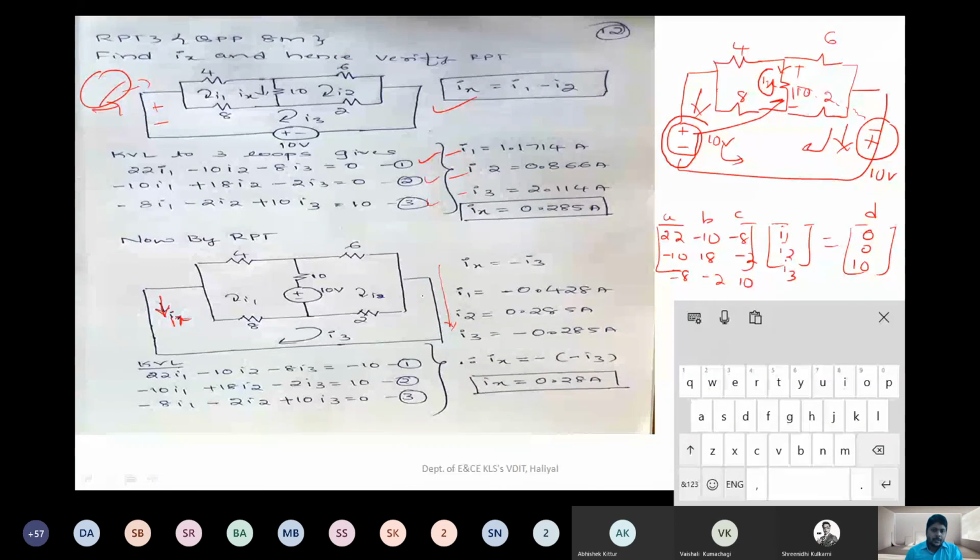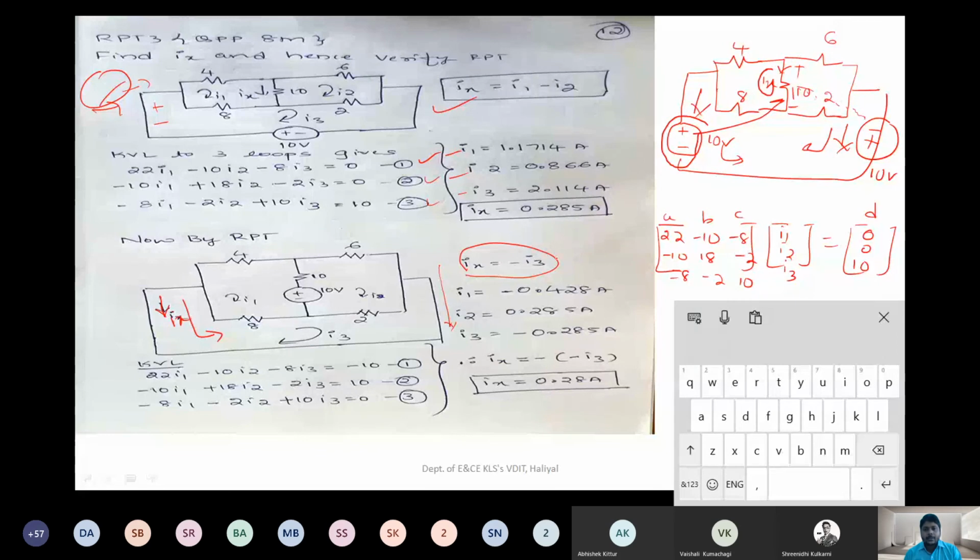In that case, Ix will become equal to I3. See, the conventions will change. Whichever side you are taking the source, on that side only you put the response also. So I will get the direction of Ix like this, and I3 is flowing in the opposite direction.